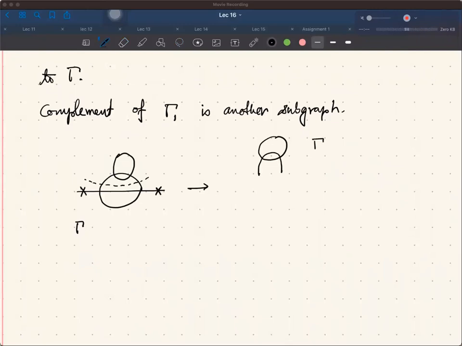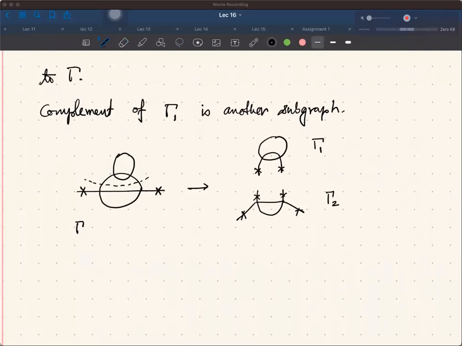This is gamma 1. And this is gamma 2. When viewed as an individual graph, for gamma 1 these are external lines, and for gamma 2 these are external lines.